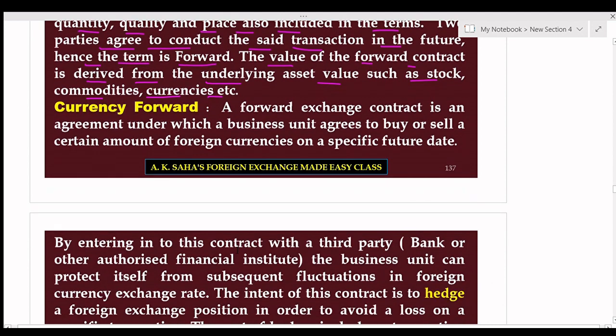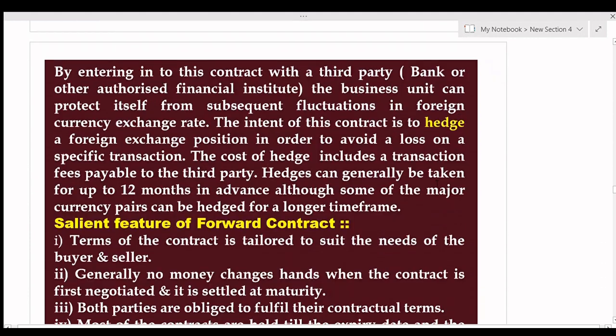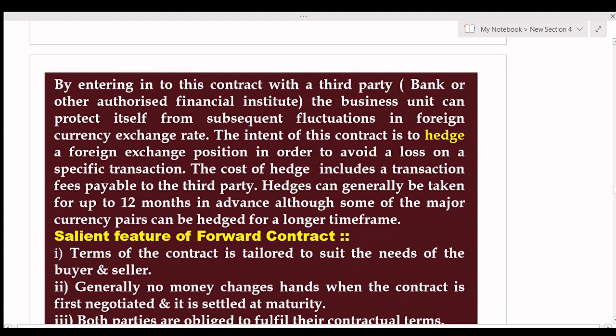Currency forward. A forward exchange contract is an agreement under which a business unit agrees to buy or sell a certain amount of foreign currencies on a specific future date. By entering into this contract with a third party, bank or other authorized financial institute, the business unit can protect itself from subsequent fluctuations in foreign currency exchange rate.